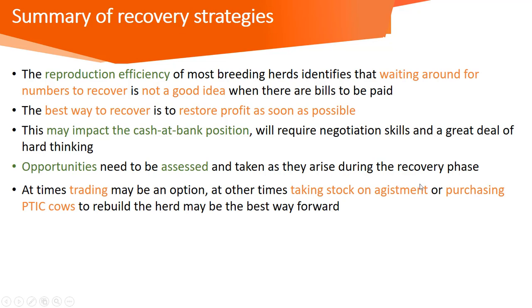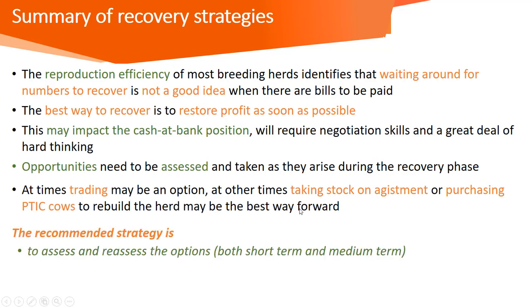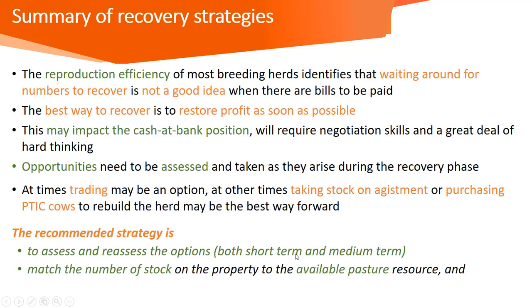At other times, adjustments could be an option, or purchasing PDIC cows to rebuild the herd could be the best way forward. The recommended strategy is obviously to assess and reassess both the short term and the medium term. Match the number of stock on the property with the available pasture resource, and sometimes there could be risk involved. Sometimes you've got to be prepared to take an additional risk if the right opportunity comes up.